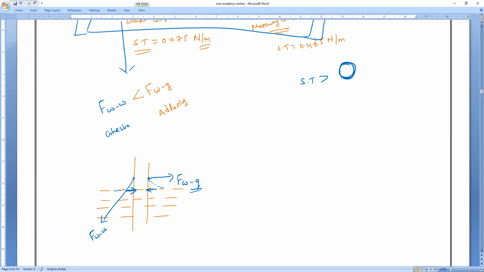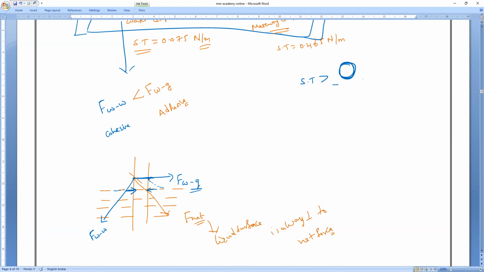If both are acting, then we all know the net resultant force will act between them. So the liquid surface is always perpendicular to the net force. That is what you have to remember.